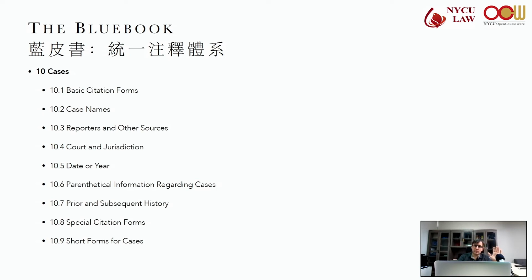So when citing to the U.S. Court of Appeals, use the abbreviations that are in the Blue Book. So for example, the D.C. Circuit is D period C period space CIR period. You have the Federal Circuit.